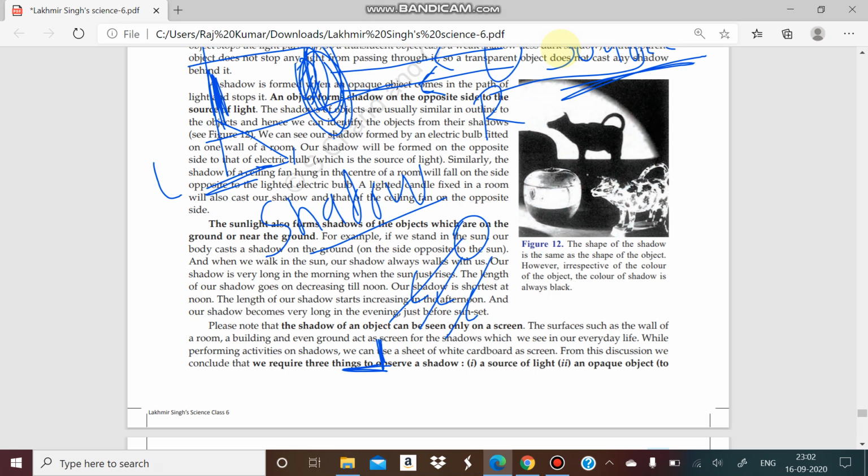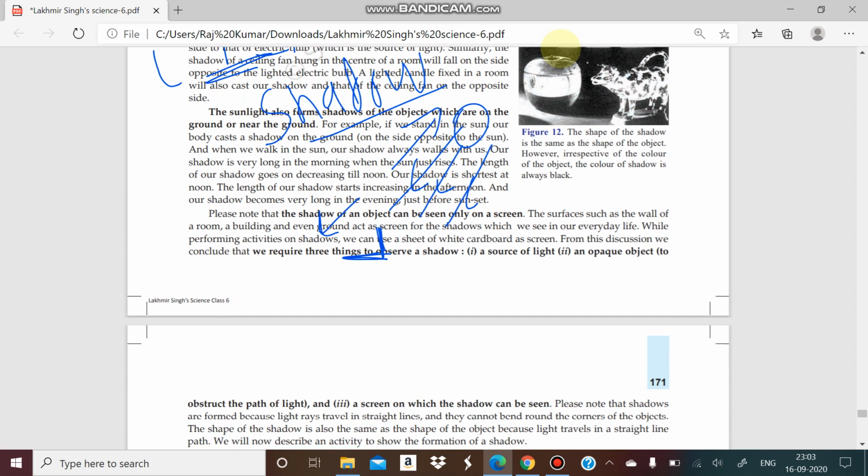The sun's direction is on this side and the shadow direction is this, both are opposite. So we can say shadows formed by sunlight are always seen on the ground. Any tree shadow, plant shadow, bird shadow, human shadow will be visible on the ground because the sun is at a higher height.